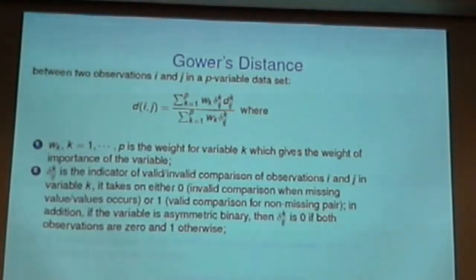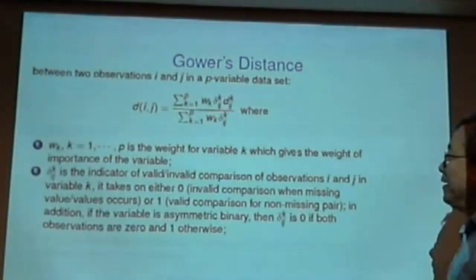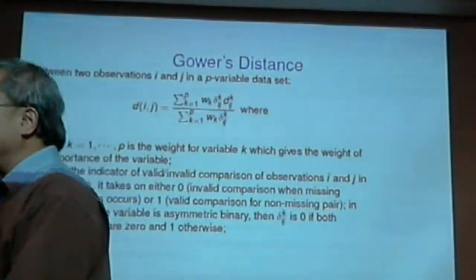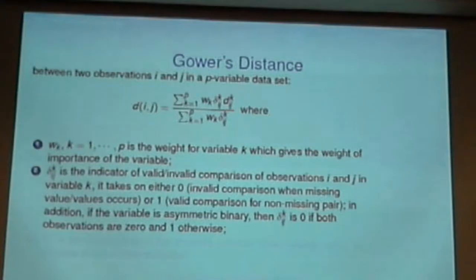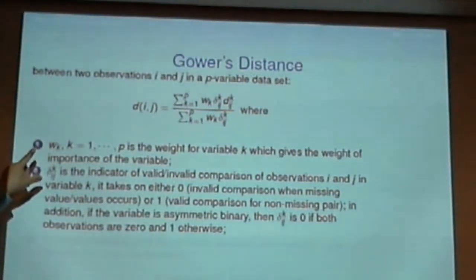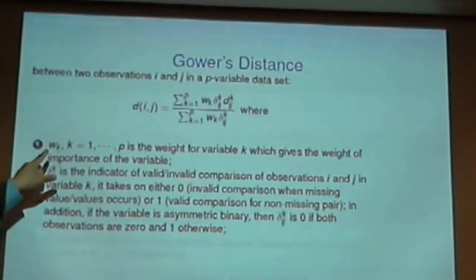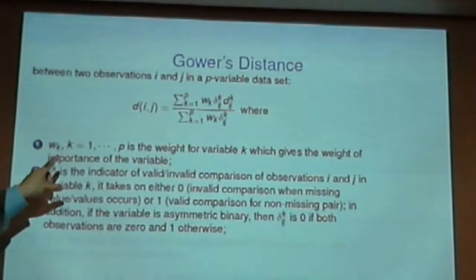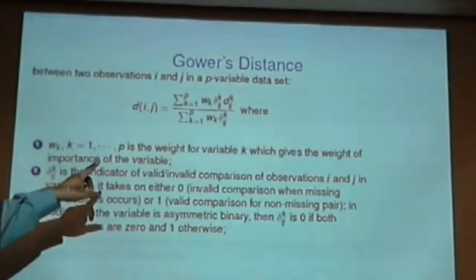And then this delta_ijk is basically an indicator variable. It has a value of either 0 or 1. This is the indicator of a valid comparison between observations i and j in variable k. For the time being, let's just look at a particular variable k. Delta_ijk gives whether it's a valid comparison, and then you have a value of 1.